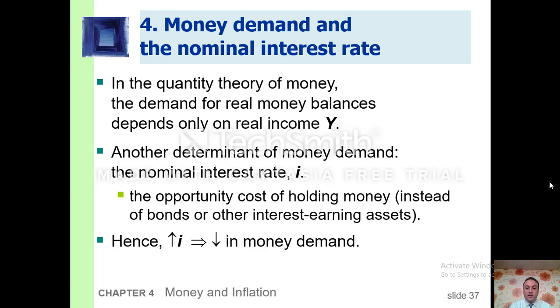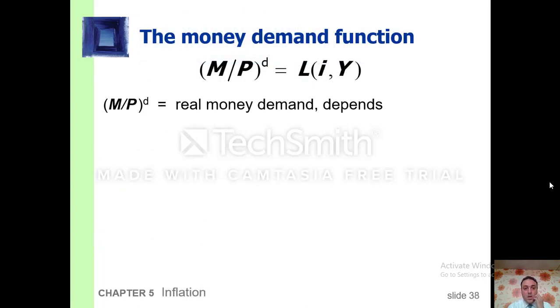Why? Because the money demand is the amount of money you hold. So if the nominal interest rate increases, you will put this money in other interest-earning assets instead of holding it. So this is the relationship between the money demand, or the amount of money you hold, and the nominal interest rate. As you see, this is the money demand function.